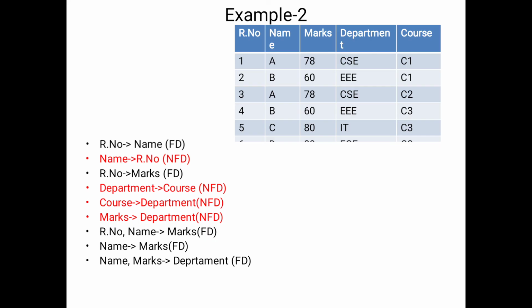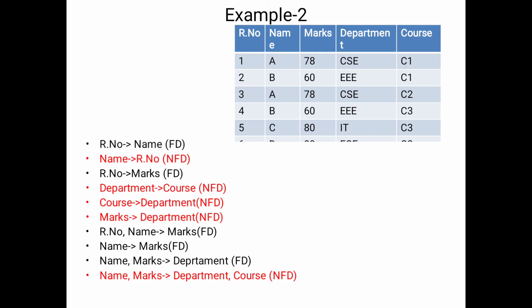Suppose we consider department implies course. What is the course name of CSC? In the first tuple, the course name of CSC is C1. In the third tuple, C2 is available. So which is the correct one? We can't say. So this type of information is called non-functional dependency.